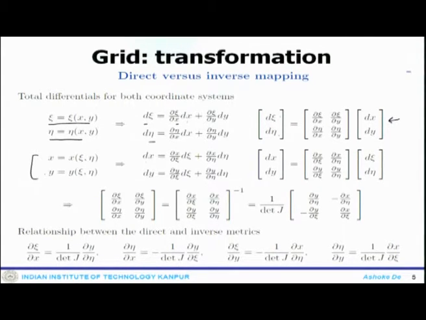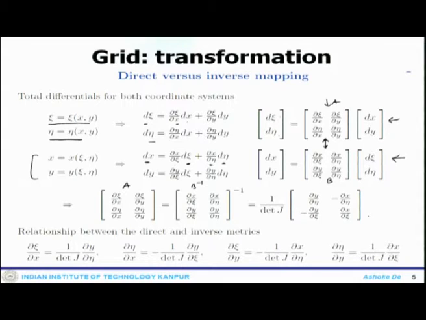Inverse mapping, dx is del x by del xi into d xi, del x by del eta, and this is the inverse one. If you look at the similarity of these two matrices, one is the inverse of the other. So essentially if I write down this first matrix A and this B, then A is B inverse.